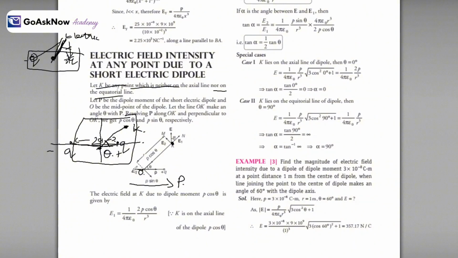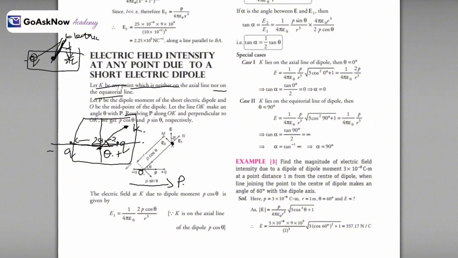Okay. So we will resolve these P components. Why should we resolve these P components? To make the calculation easier. Why? Because if you take the components of P, then it will make the situation of K point both equatorial and axial.